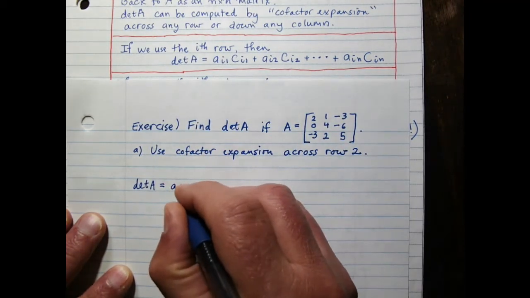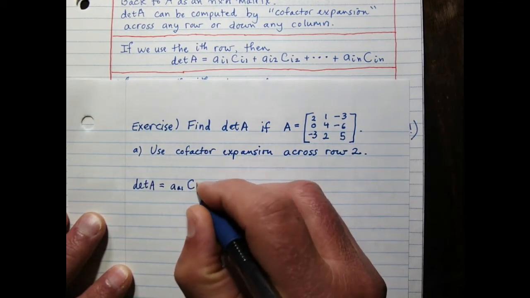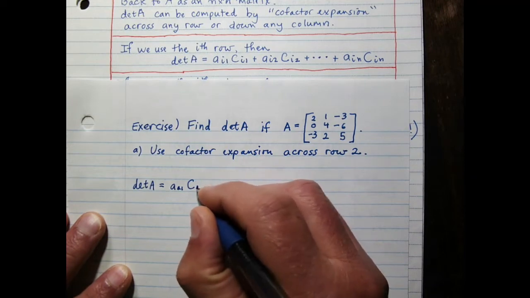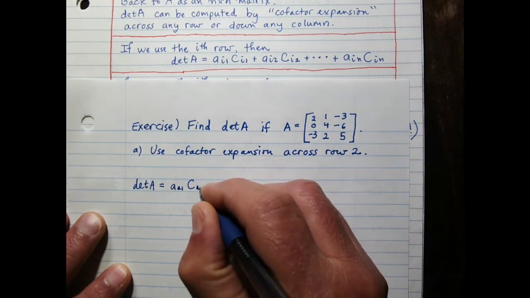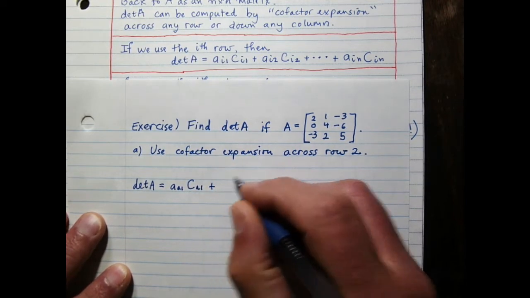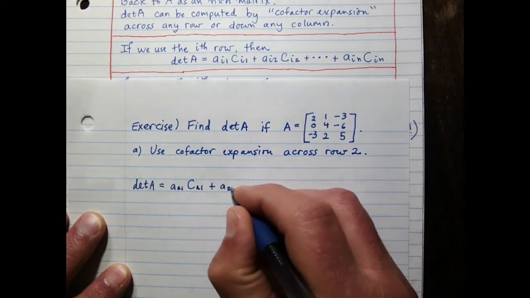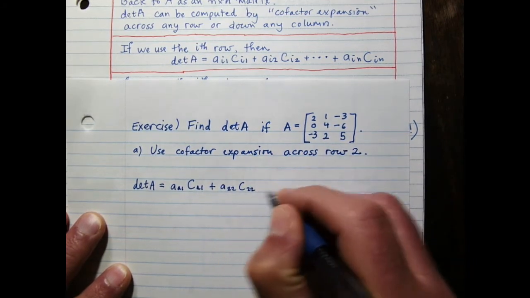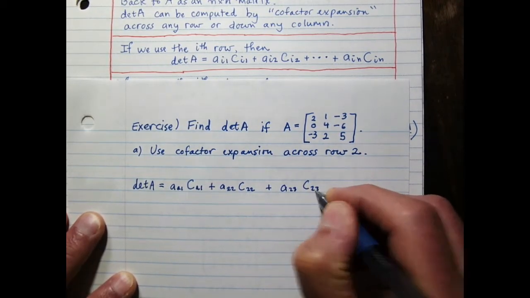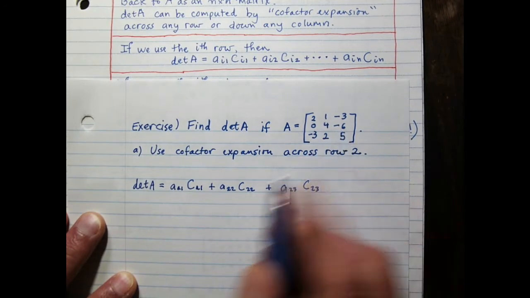So little a21 times capital C21, plus, now we're going to go second row, second column, so that's A22, C22, plus A23, C23. So A21, 22, 23 are entries along that second row.